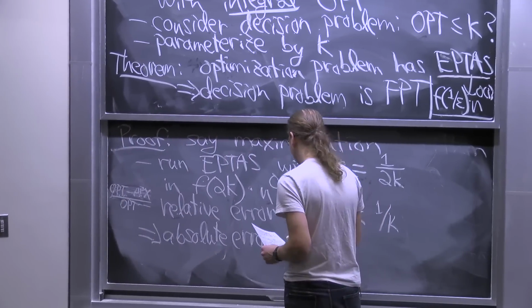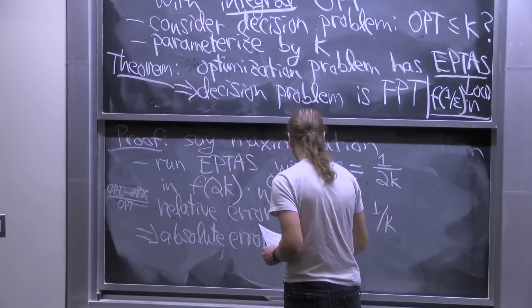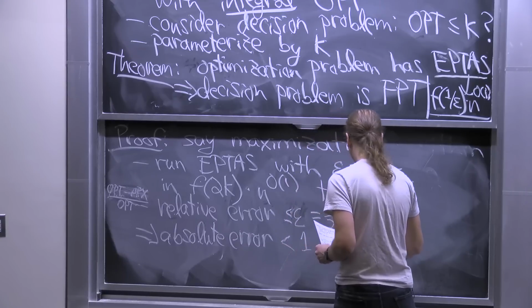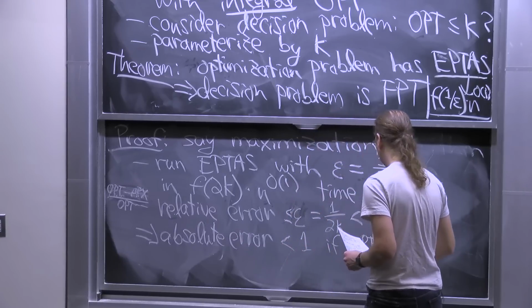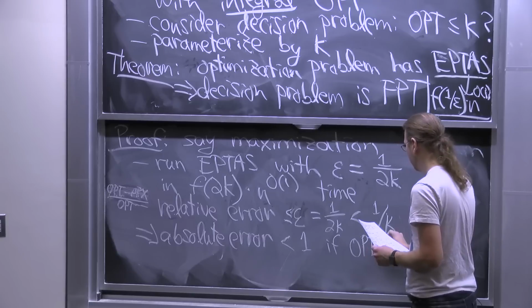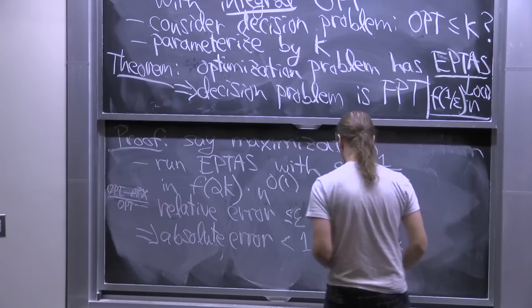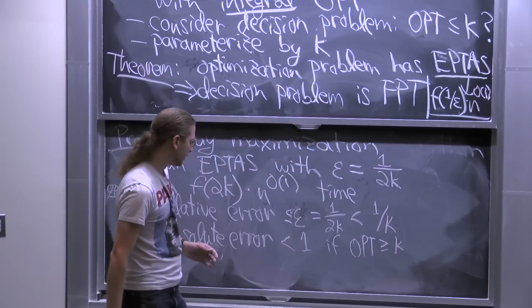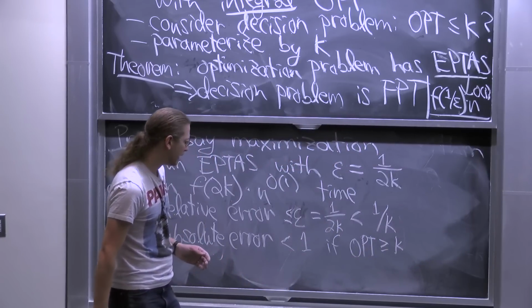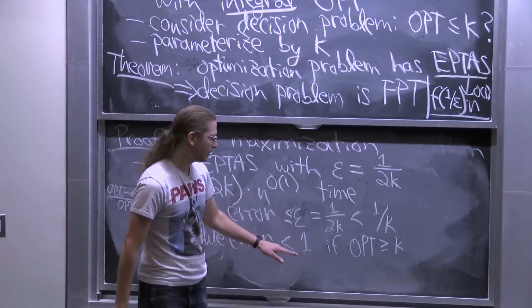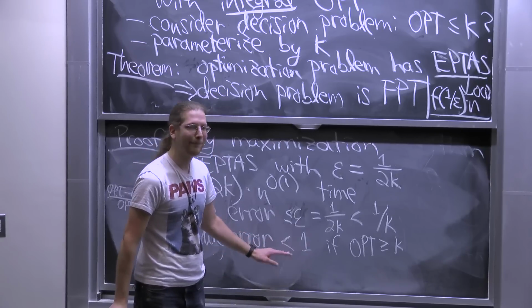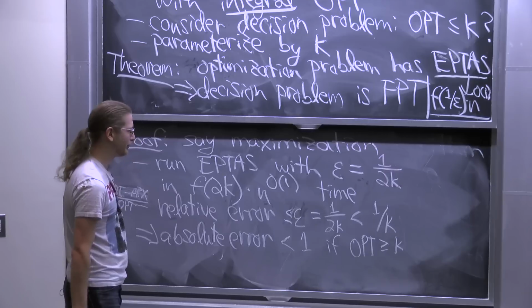So the absolute error is going to be less than 1 if opt is greater than or equal to k. I have less than in my notes, but let's check.